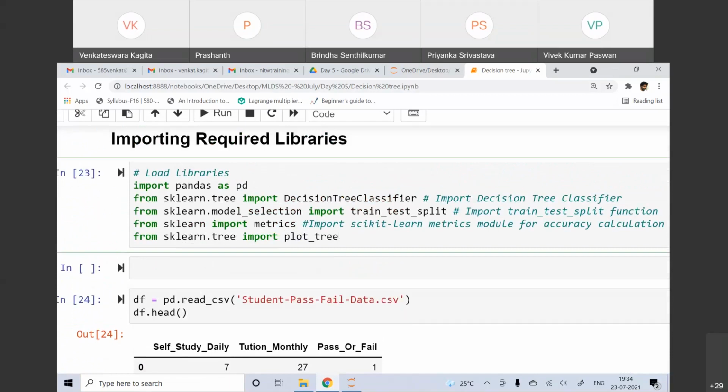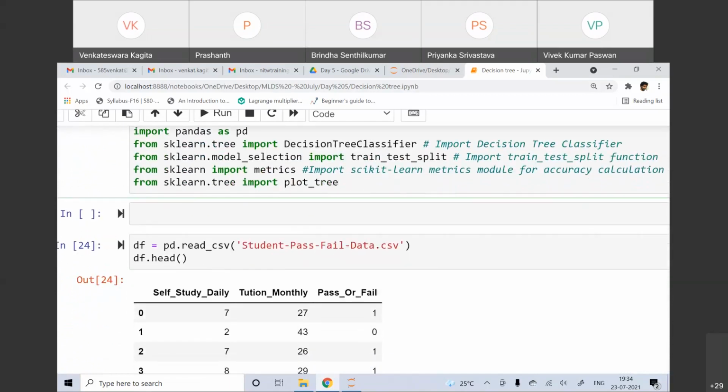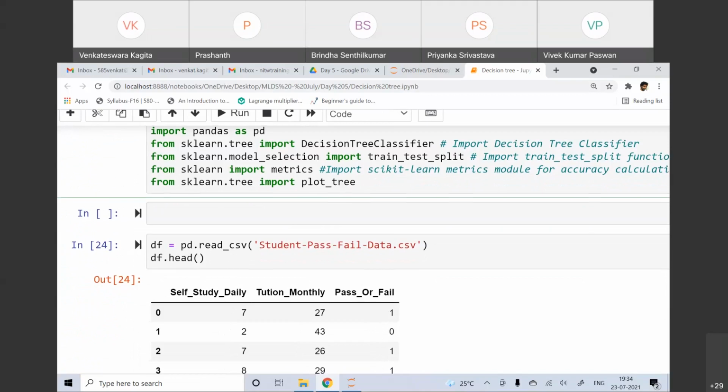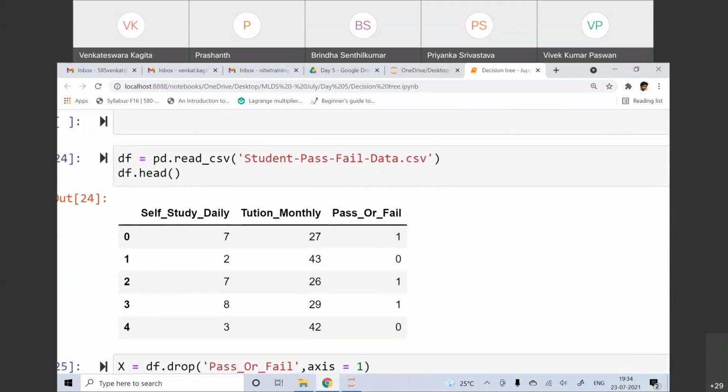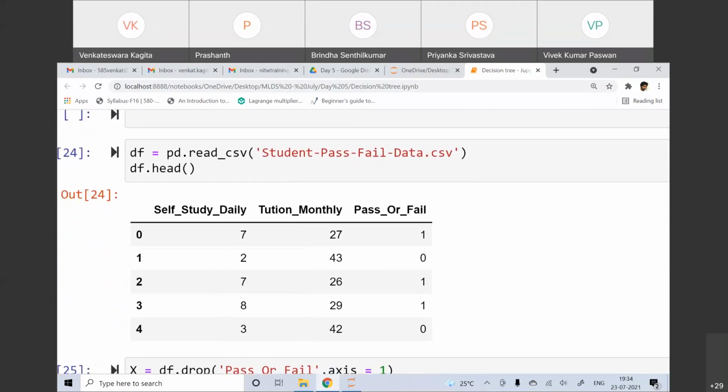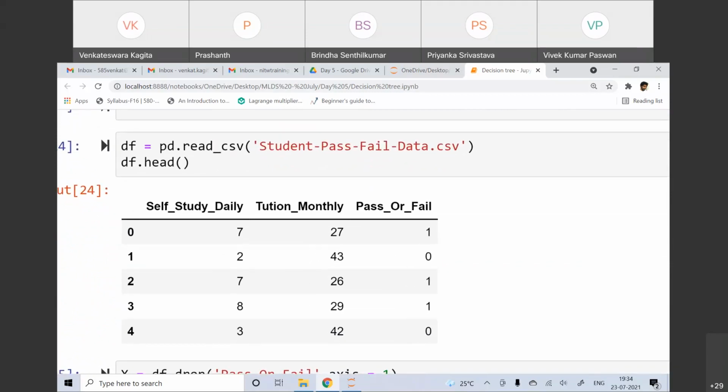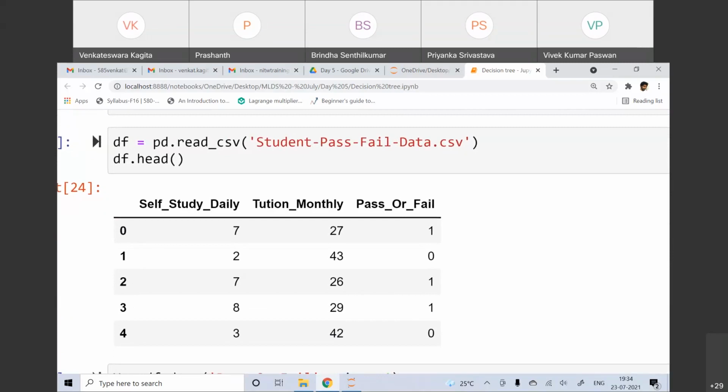So this is the data set, the student pass fail data set. Very simple data set that I've taken. You can take more complex data sets and see. I've just printed the first 5 records, the head of it. Self study, daily study, tuition, monthly are the attributes or the features.